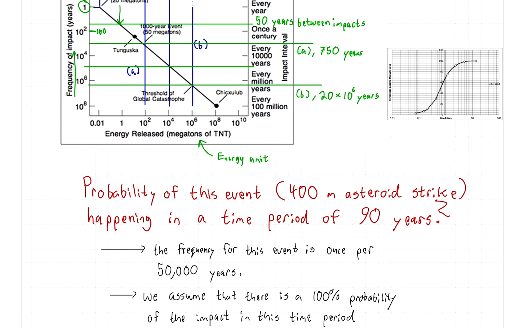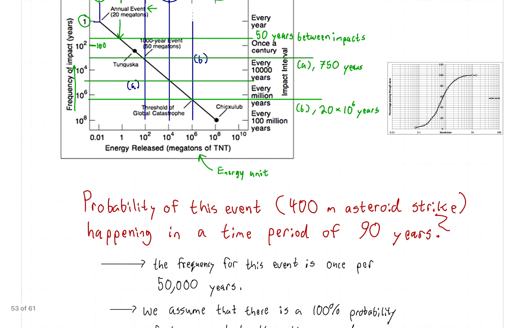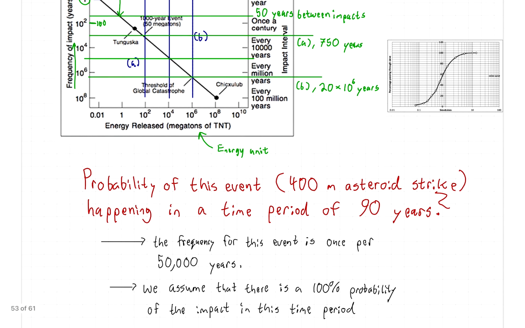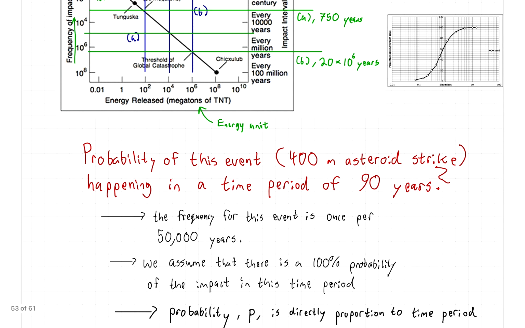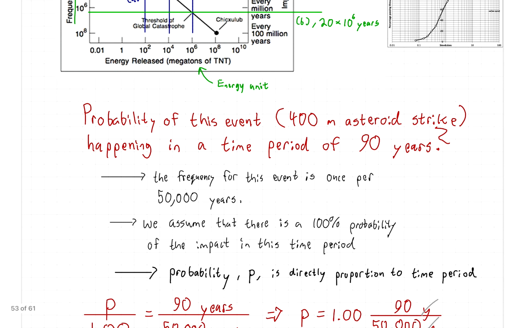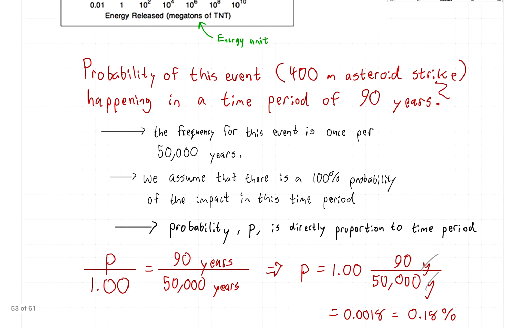Well, if we read off from the table, we see that the frequency for that 400-meter impact is equivalent to an interval of about 50,000 years. So there should be a 400-meter asteroid strike every 50,000 years. Now we're going to assume that there's a 100% probability it will happen within that time period. So now we just need to find out what portion 90 years is of that much longer 50,000 years.